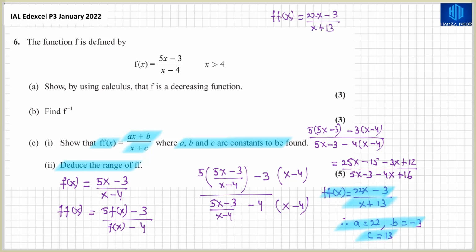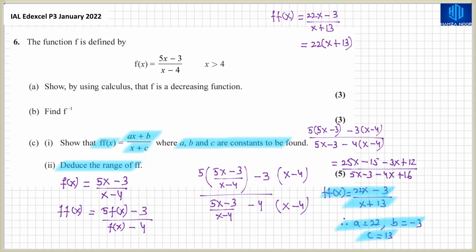Now I'm going to convert this into a mixed fraction form. As you can see, the coefficient of x in the numerator is 22. So first of all, I'm going to pick 22, and then multiply this 22 with the linear factor existing in the denominator: 22 multiplied by x plus 13.